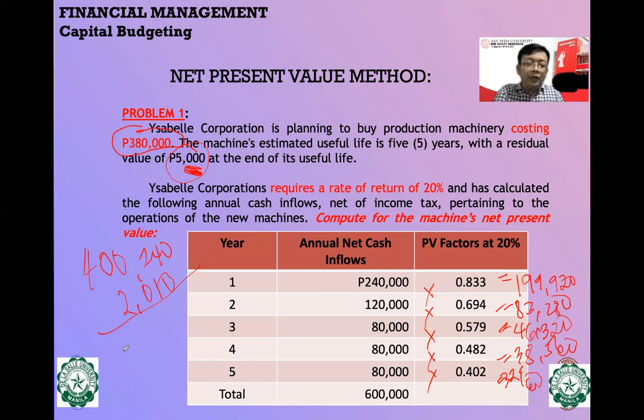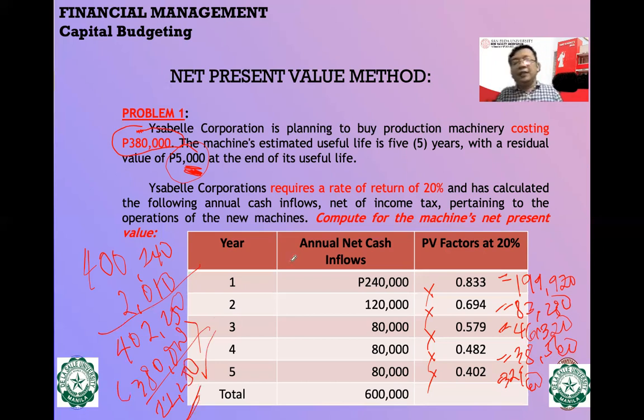So meaning you have 400,250. Then, compare that with 380. Maganda. 22,250 is the NPV. So, meaning, to be accepted. Sana tama kayo, ha? Alright. Ganun lang. Ganun kadali. Yan.